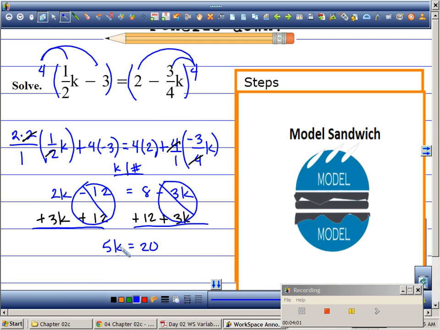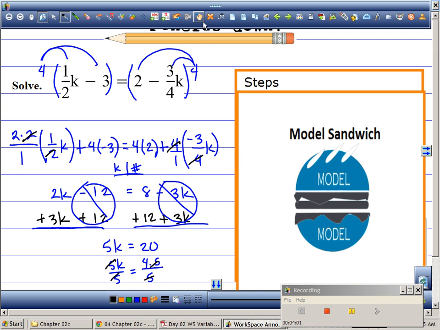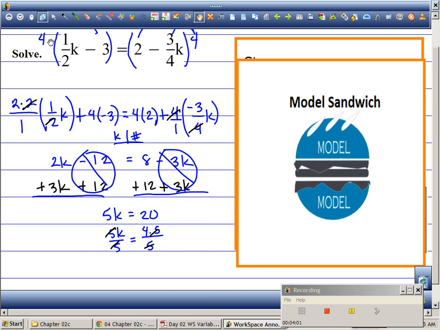We did that yesterday. If 5k's equals 20, what would 1k equal? 4. Or I could just divide both sides by 5. So 5k divided by 5 equals, break this number up. 5 goes away, 5 goes away, and k equals 4. Question?